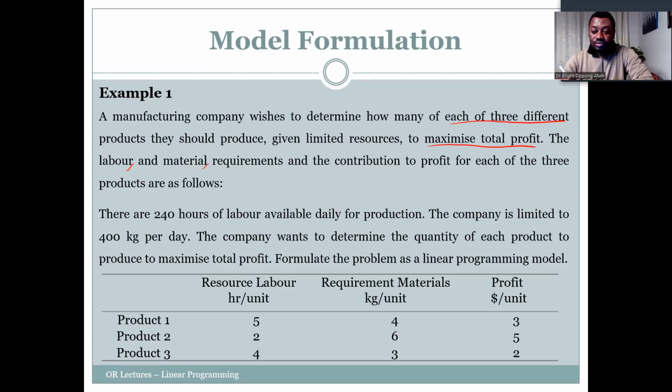So to put all these written statements into a tabular form, we'll represent product 1, product 2, product 3 on this table. We have the resource labor, which is hours per unit.